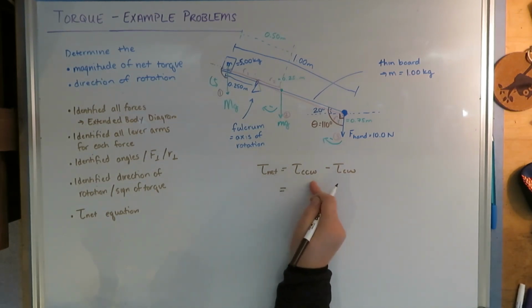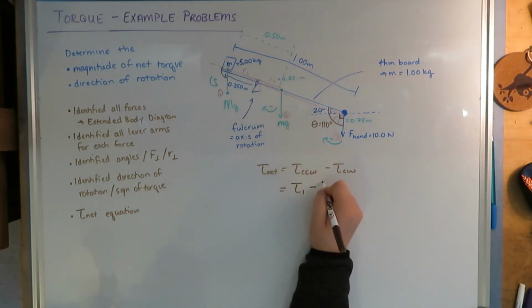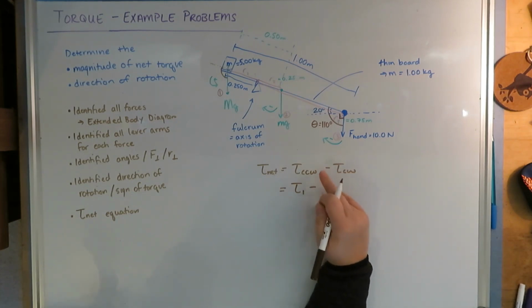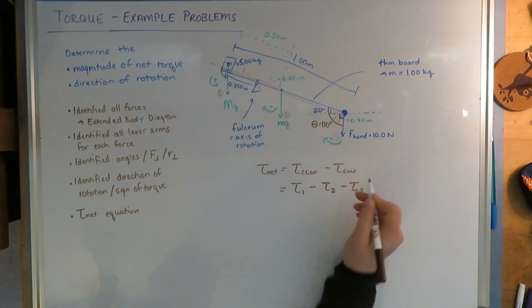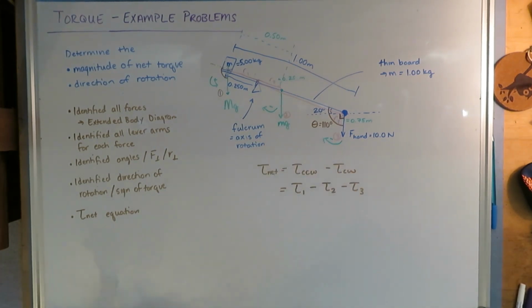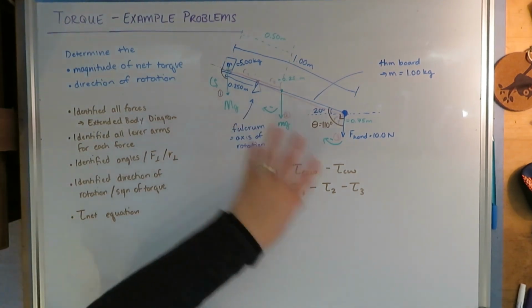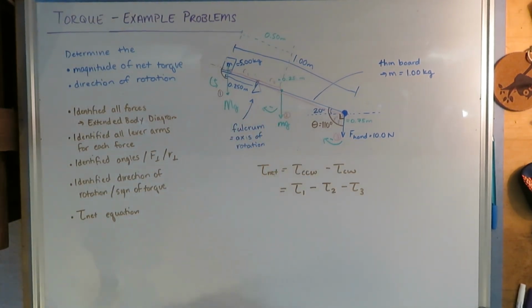So my torque counterclockwise is going to be torque 1, because that's the only one that's positive. And then I'm going to subtract torque 2 and torque 3. I'm going to give each of those a negative because each of those are negative here. Torque 1, torque 2, and torque 3, tau 1, tau 2, tau 3, those are magnitudes, so I've already accounted for the directions and the signs there.